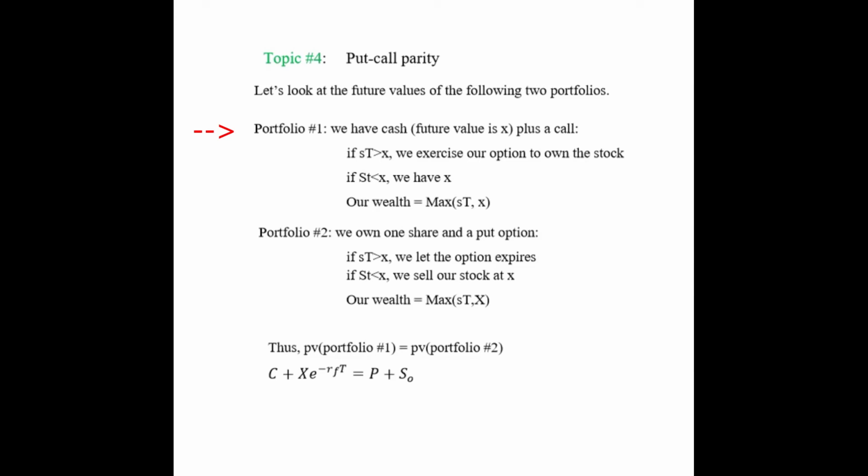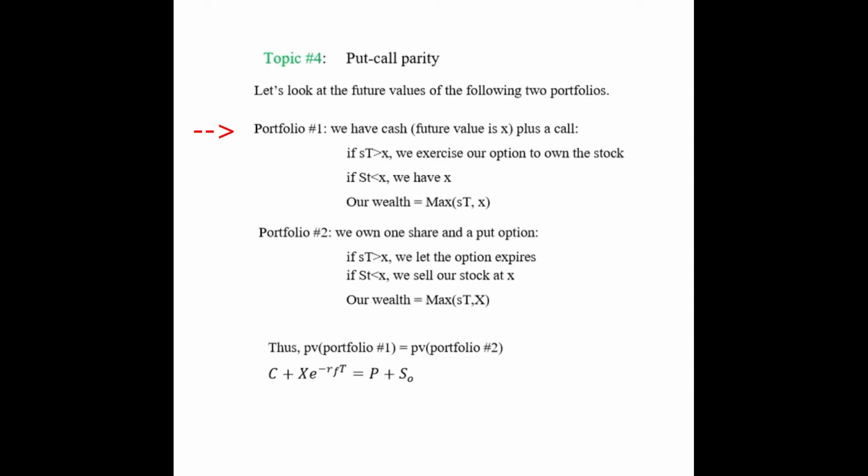In the future, if the stock price is higher than the exercise price, we exercise our option to own the stock. If the stock is less than the exercise price, we let the call option expire. So our terminal value will be max of ST or X.